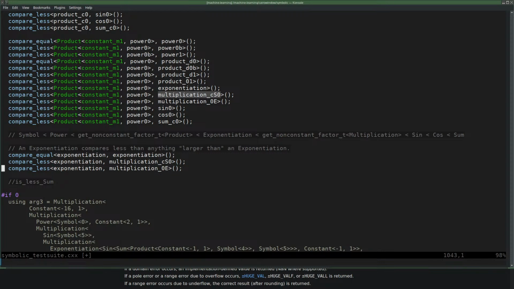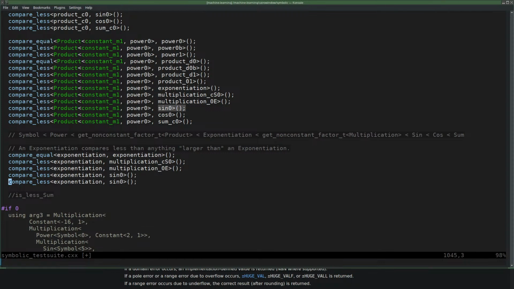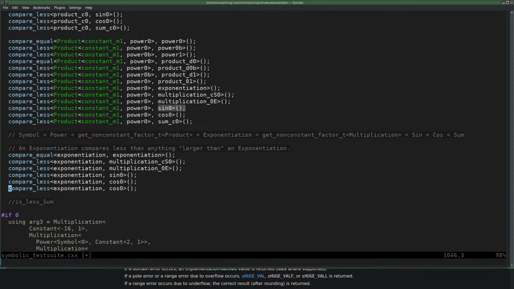Exponentiation is less than a multiplication. And it's also less than the sine. And the cosine. And the sum.